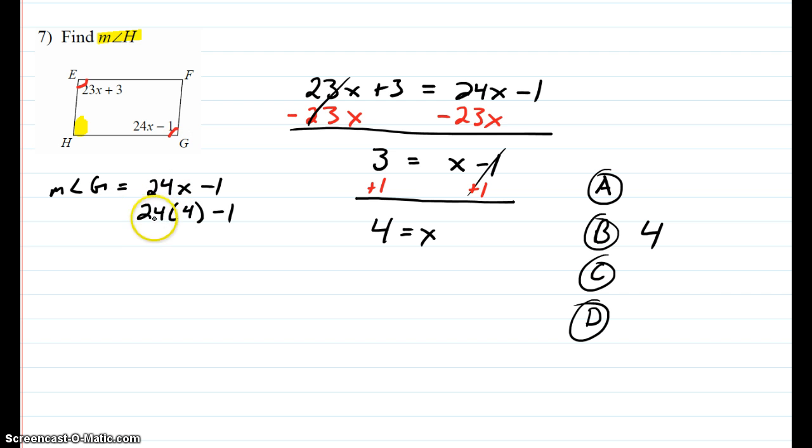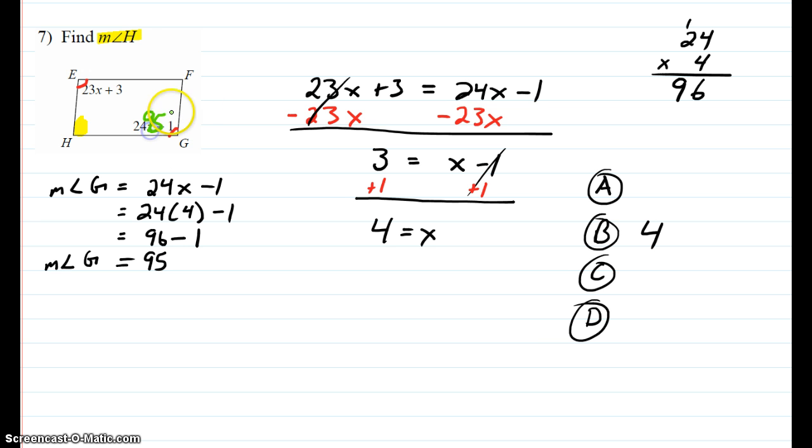Off to the side, I'm just going to multiply those together. 4 times 4 gives us 16. 4 times 2 is 8. Add the 1 is 96. So 24 times 4 is 96, minus 1 now, which is going to equal 95. So the measure of angle G is 95. So this angle right here is 95 degrees.